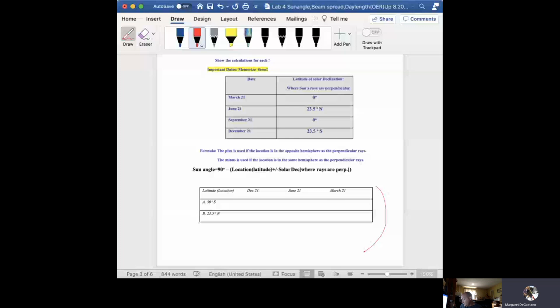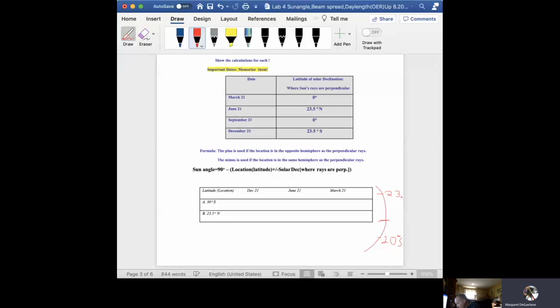If this is the equator, and I'm at 20 degrees south, but it is June 21st, the rays are perpendicular at 23.5, which is the Tropic of Cancer.